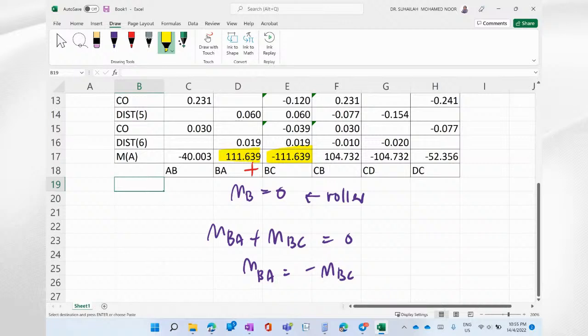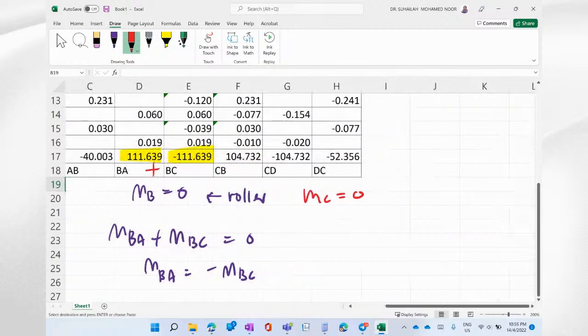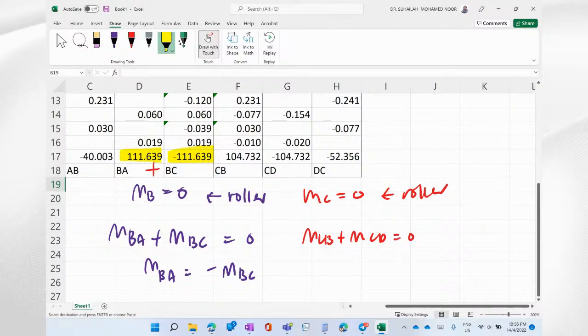Same goes to CB and CD, as MC is 0 because C is roller. So how to get this? It is actually MCB plus MCD equal to 0. So that is why we get CB and CD, one positive, one negative.